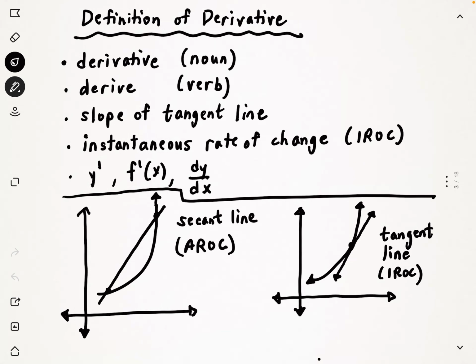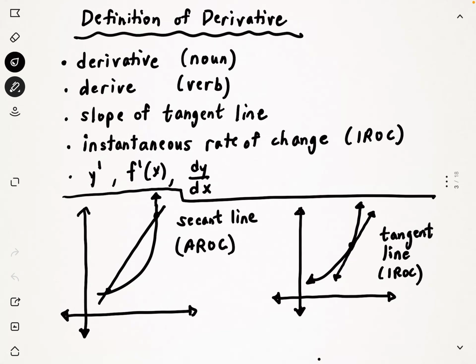You may be asked for the slope of the tangent line, which is the instantaneous rate of change, which is a derivative. And of course, there is some notation that is also used interchangeably. You could be asked for y prime, f prime of x, or dy over dx. And of course, that's really just slope. D is delta, which is change. So the change in y over the change in x.